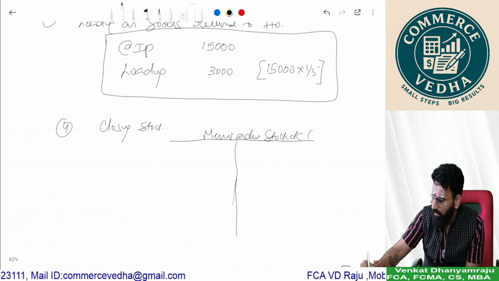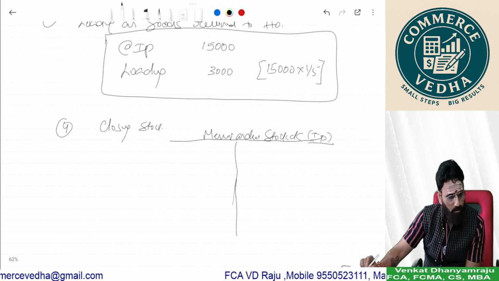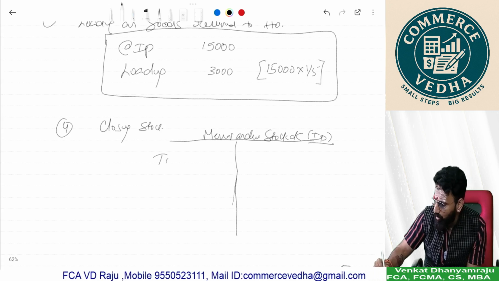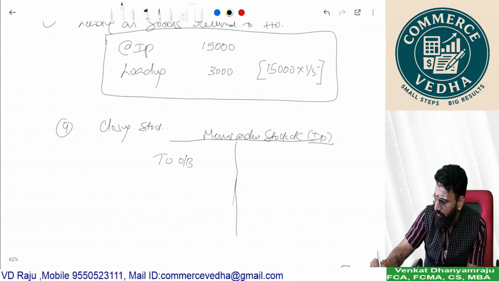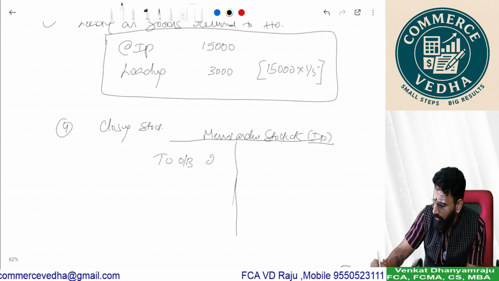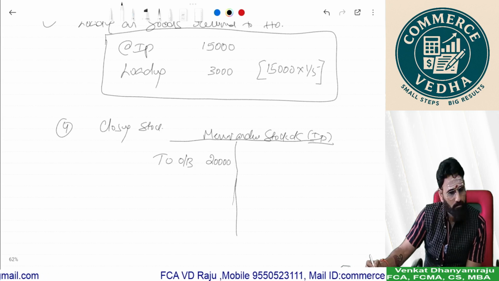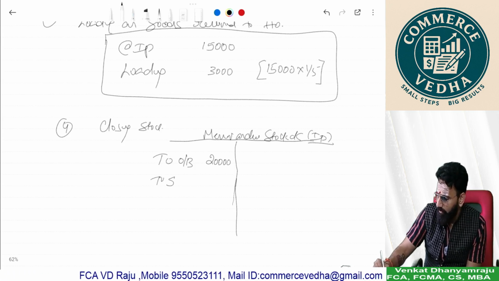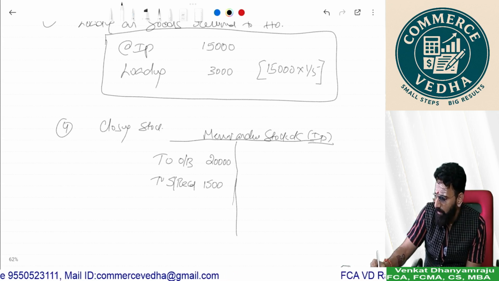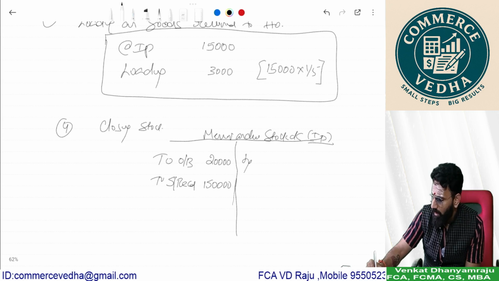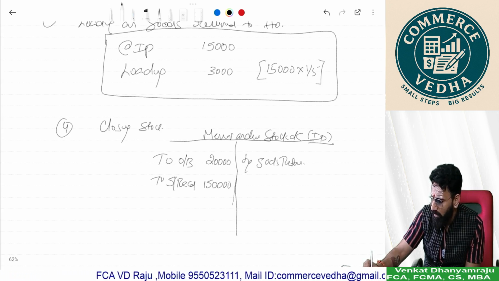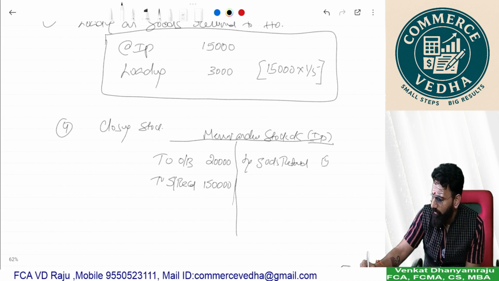It is always at invoice price because the sum is at invoice price. To opening balance, 20,000. To goods received from head office, 1,50,000. By goods returned to head office, 15,000.